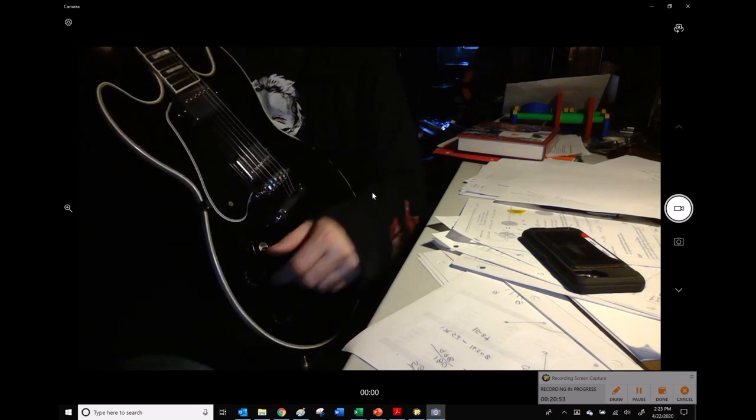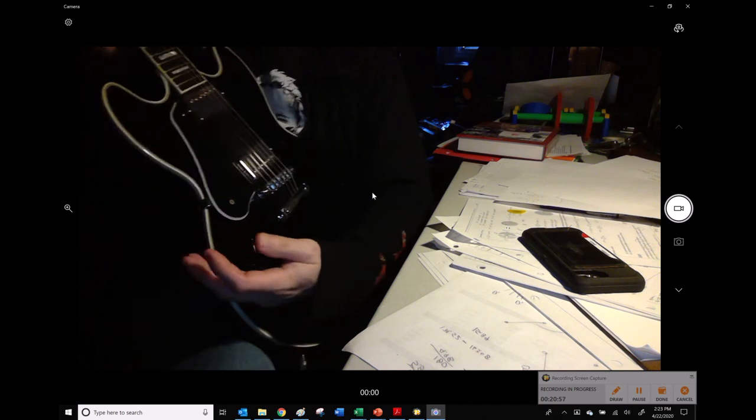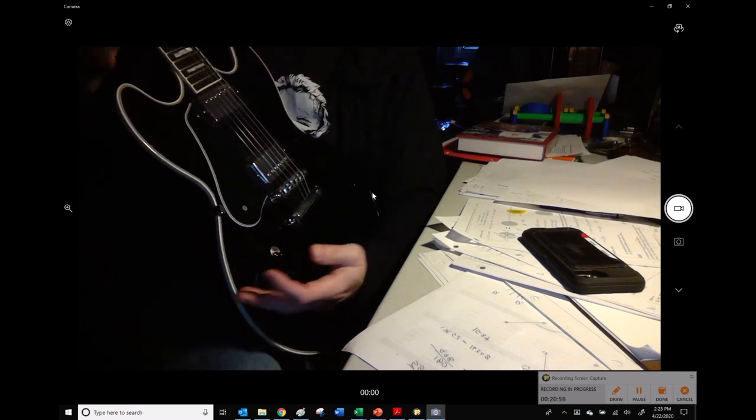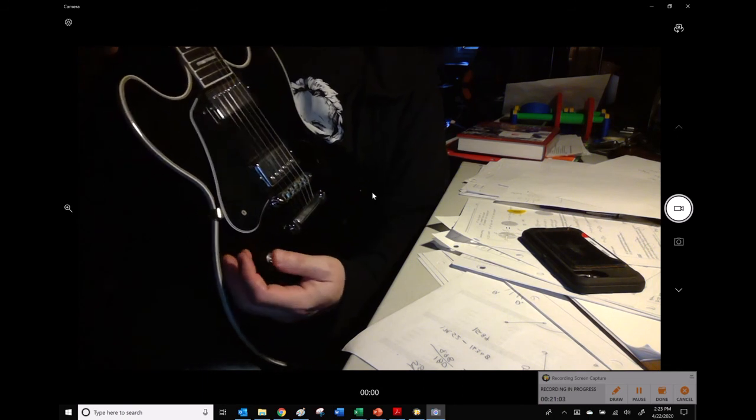It works a lot better if you have the kind of volume pot that's easier to turn. And also it makes it better. A lot of times you'll roll it like this right here. You've got to get the timing right, and I don't have the timing down right now.